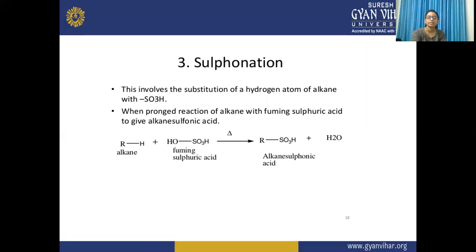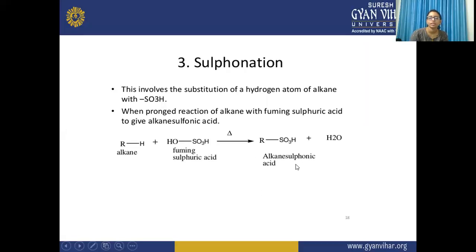So here the alkane, when reacting with fuming sulfuric acid, there will be a formation of water molecules. This H and OH will combine and form a water molecule, and this R and SO3H will combine and form alkane sulfonic acid.